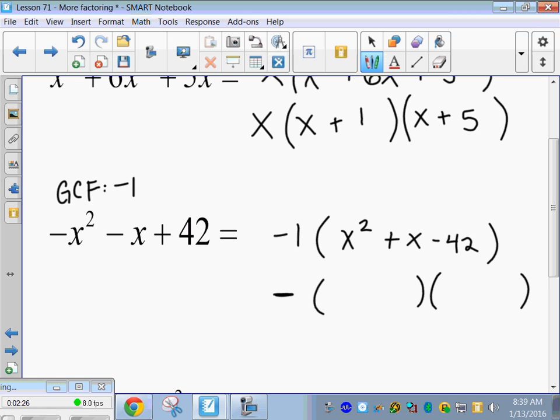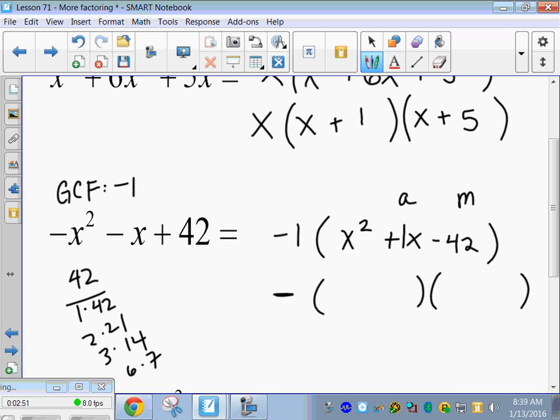Now we're looking for 2 numbers that multiply to be what? -42. And 2 numbers that add to be what? +1. Okay, so we're looking for 2 numbers that multiply to this and add to this. So for 42, we have 1 times 42, 2 times 21, 3 times 14. What else? 6 times 7.